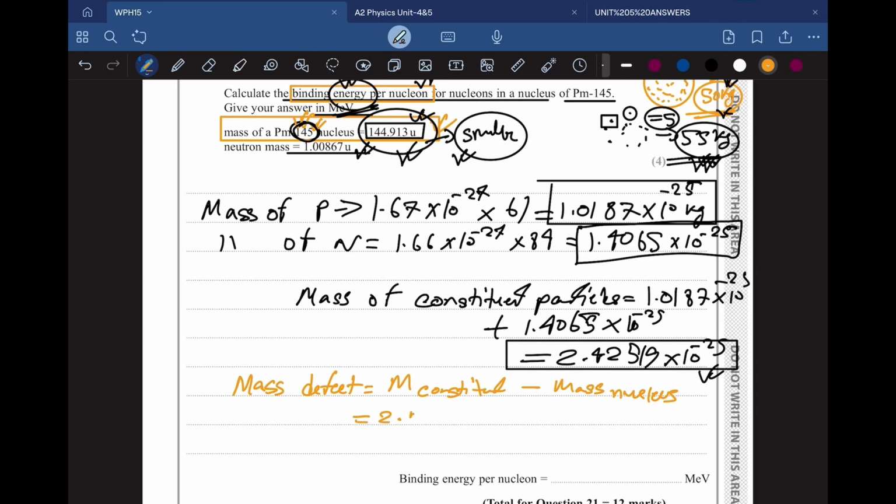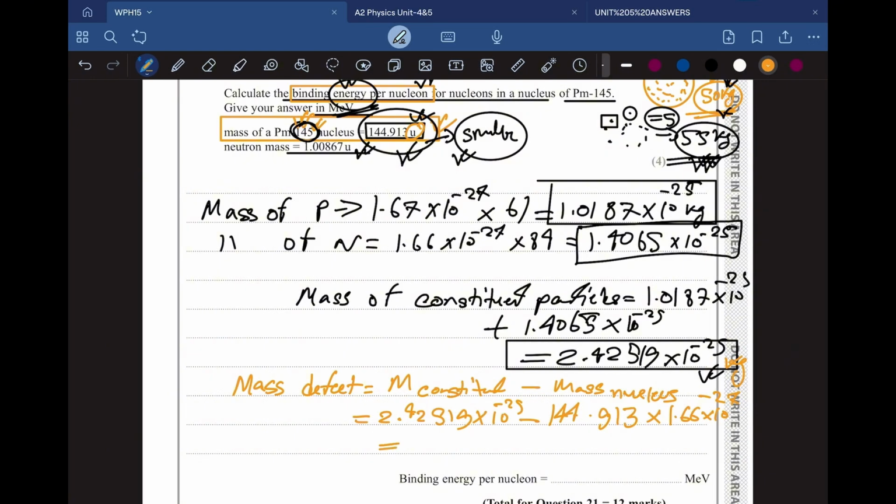So it will be 2.42519 into 10 to the power minus 25 minus, because both of them have to be in kg, we'll have to convert this u into kg, and we know if we multiply this u with 1.66 into 10 to the power minus 27, it will be converted into kg as well. So 144.913 into 1.66 into 10 to the power minus 27.